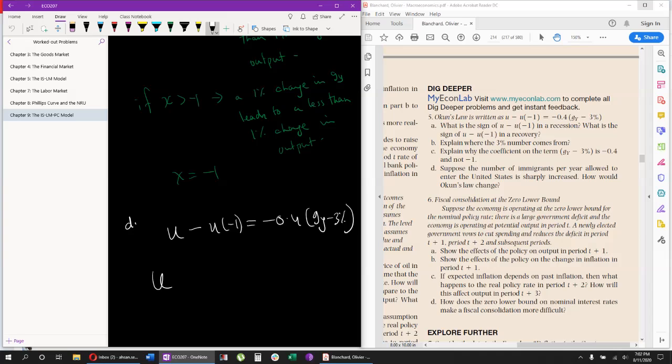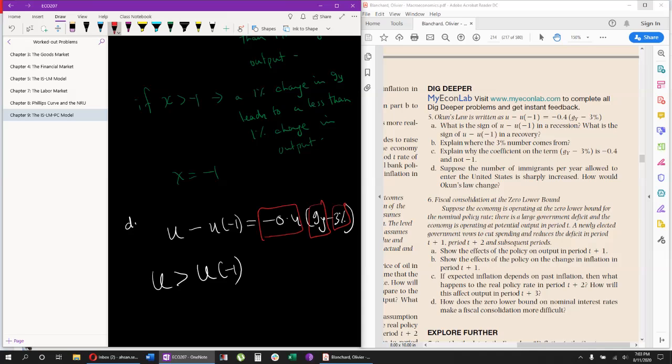So unemployment this period is going to be higher than unemployment from the previous period. But what you need to think about is what will happen to these figures. Will there be any change to this? Will there be any change to this? Will there be any change to this? Just think about it, and I'm sure you can figure it out on your own.